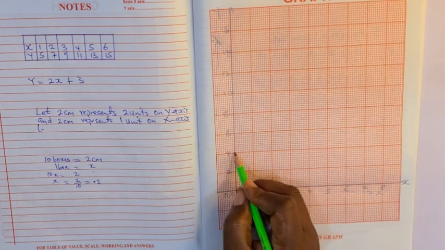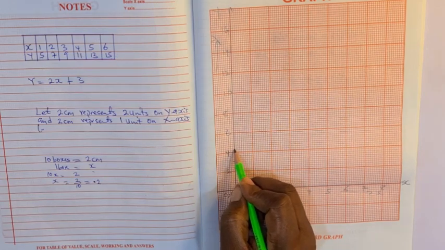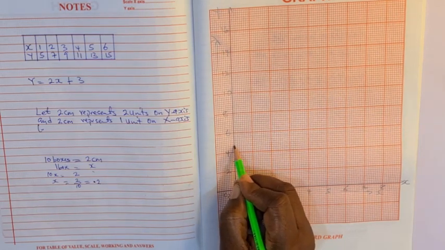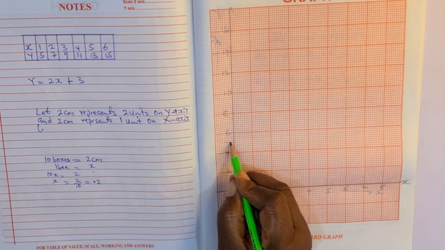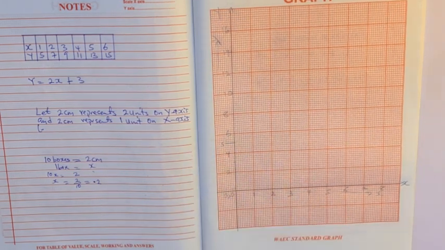The same thing: this is 4, 4.2, 4.4, 4.6, 4.8, here is 5.